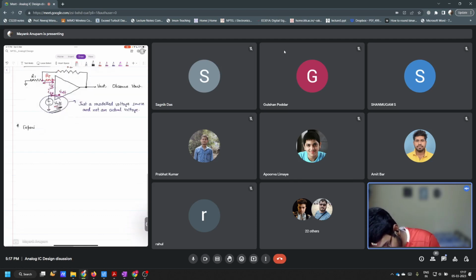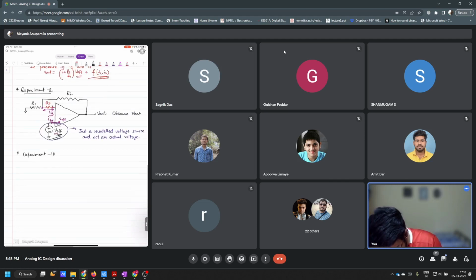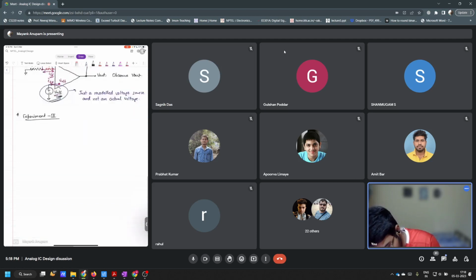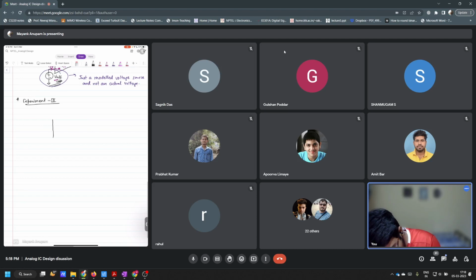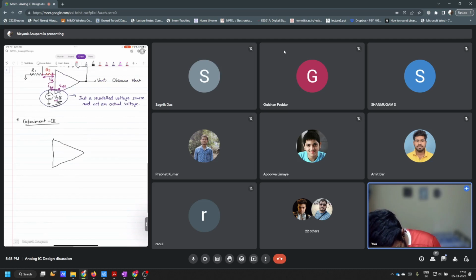Now experiment 3 is this one. Take this op amp here.